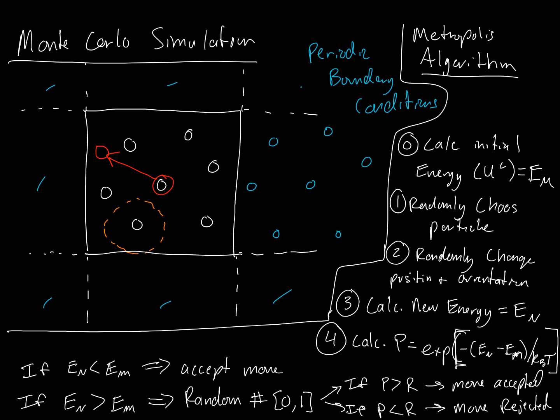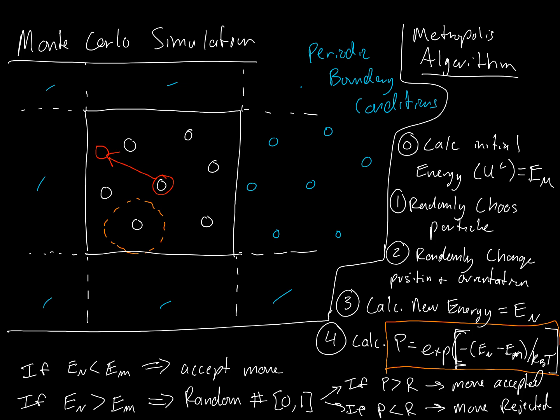So if we analyze this really quickly here, if we look at our probability, if En is very, very, very big, that means you're having two particles overlapping. You're at some state that's an extremely high energy state. That means your probability is going to be almost zero.